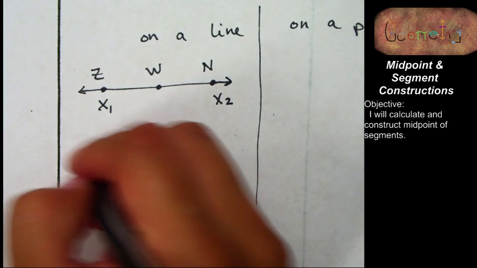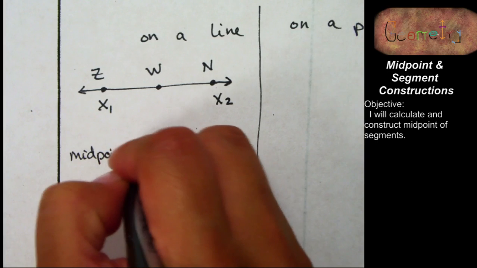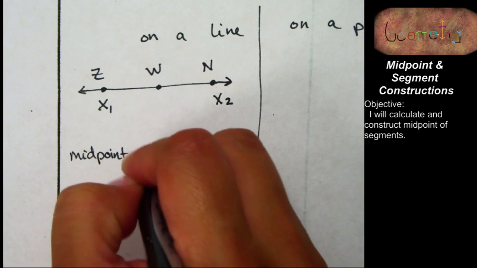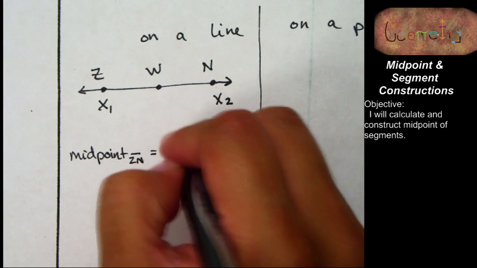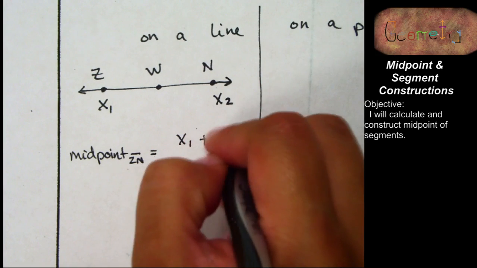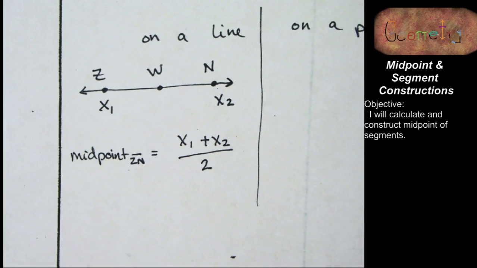In 1 dimension, the formula for the midpoint of a segment, in this case segment ZN, is: take your x coordinates, add them together, and whatever you get, divide by 2. Poof, formula. So far, so good? Making sense?